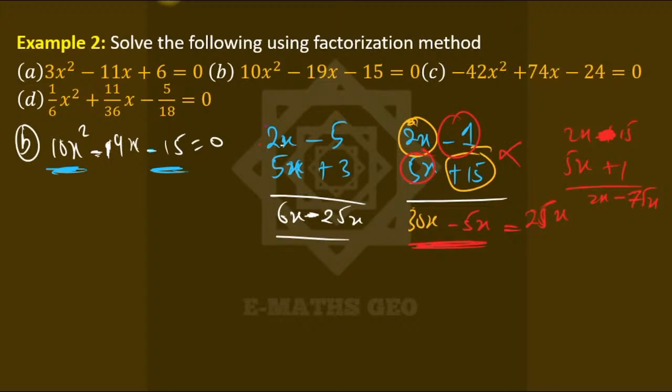But assuming I used positive for 5 and negative for the other, you now just change the sign. So that's why I say with this, you can easily adjust and know the answer. But assuming we did 10x squared times negative 15, they will have a lot of factors: 1, 2, 3. Do you get? It will be very hard for us to figure out. So this is the best way.